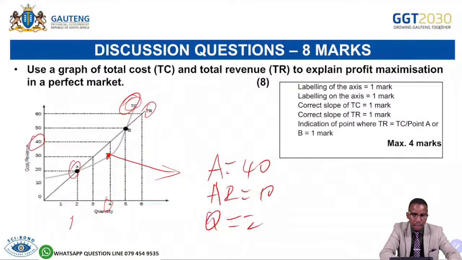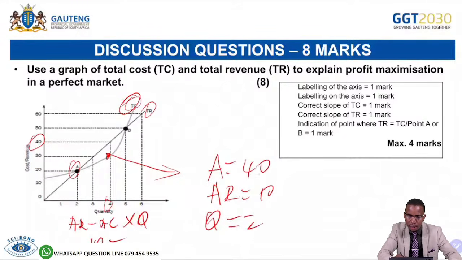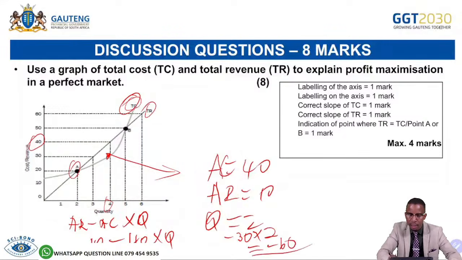Then you say AR minus AC times Q. AR equals 10 minus the value of AC, which is 40, times Q. Then 10 minus 40 is negative 30, times 2, which is the quantity, equals negative 60. That is your economic loss.